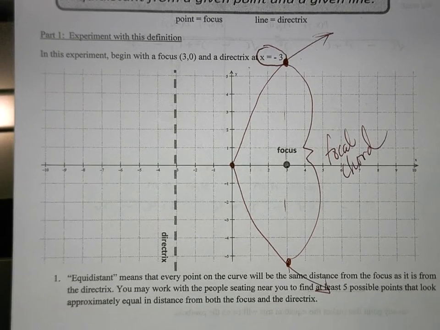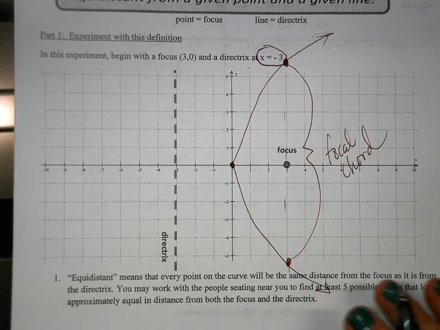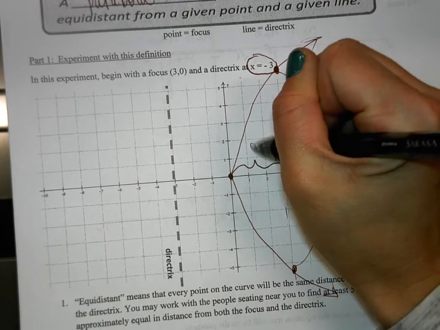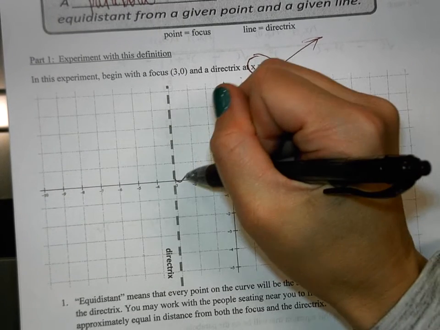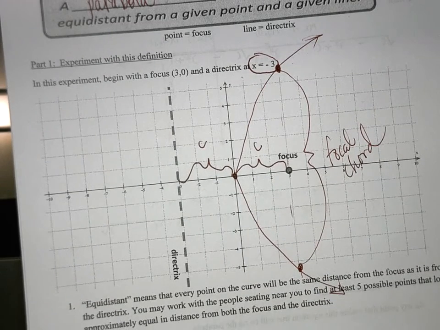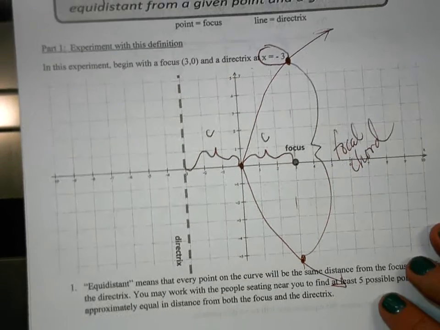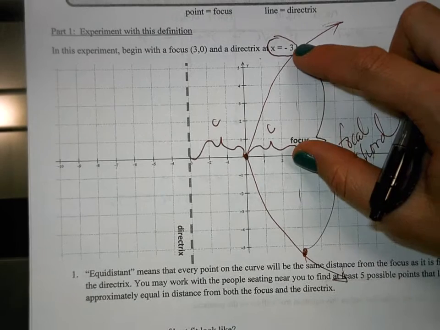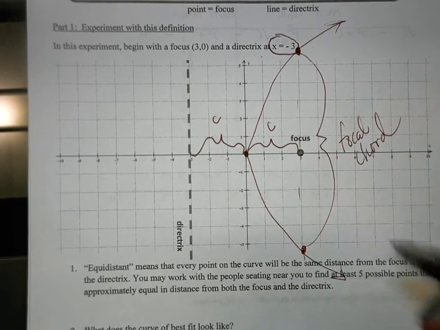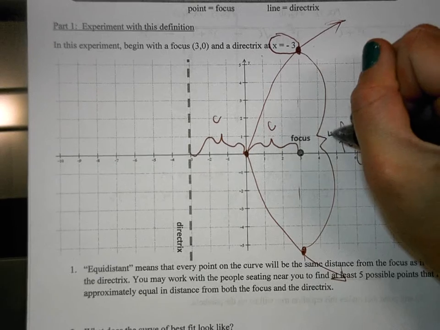It is equidistant from the focus. Remember that if this value right here is C, and this value right here, and we're going to talk about this in another minute, is C. Right, this side is 2C, and this side is 2C, so the whole distance is 4C.